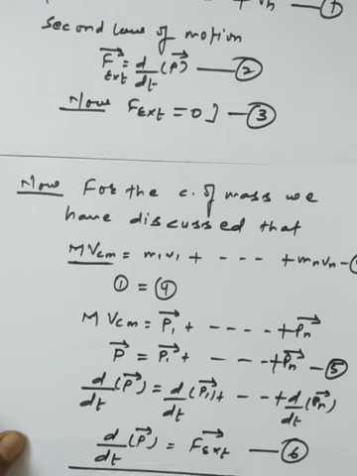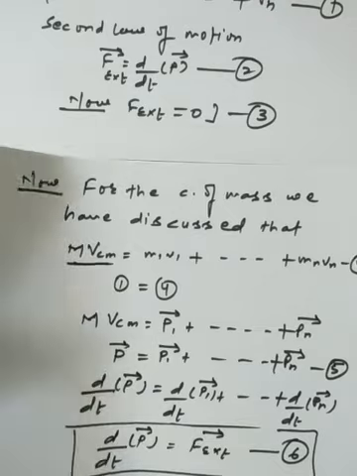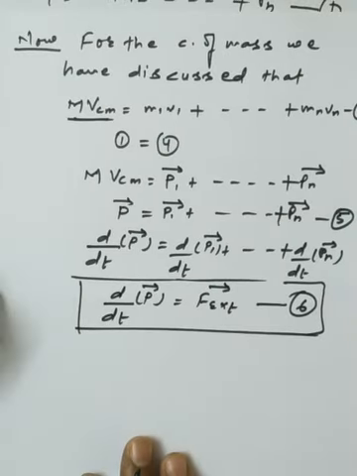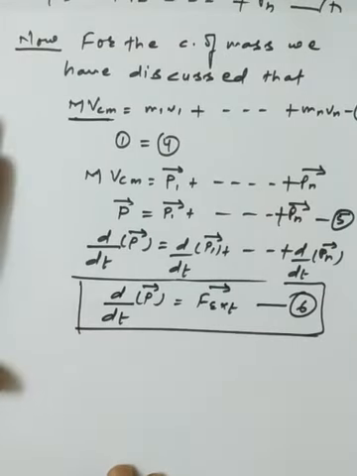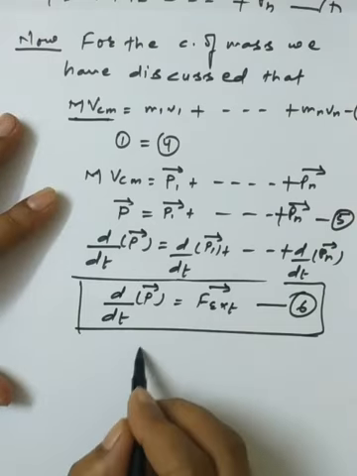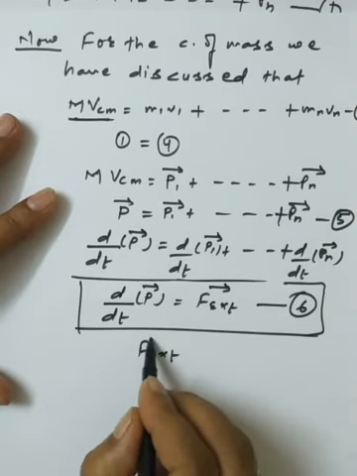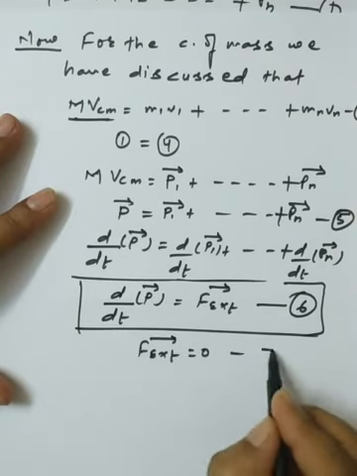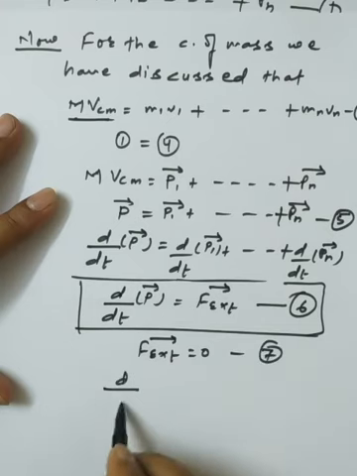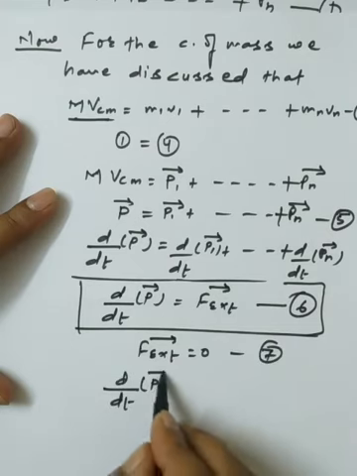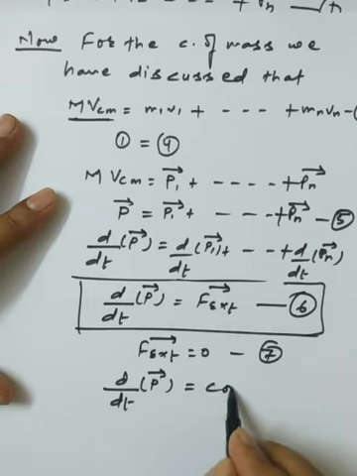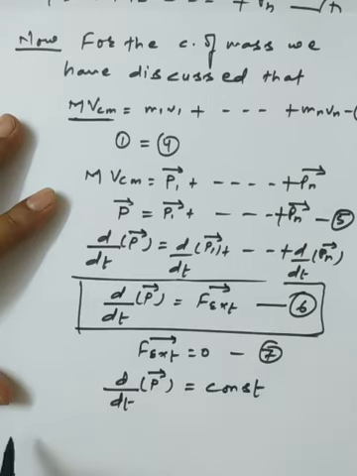For a system we are assuming F external is 0, because the whole system is making the movement under the action of the external force. So we are utilizing that F external is equal to 0. This is equation number 7. So easily we can write that dP by dt is 0, that is, P is equal to constant.